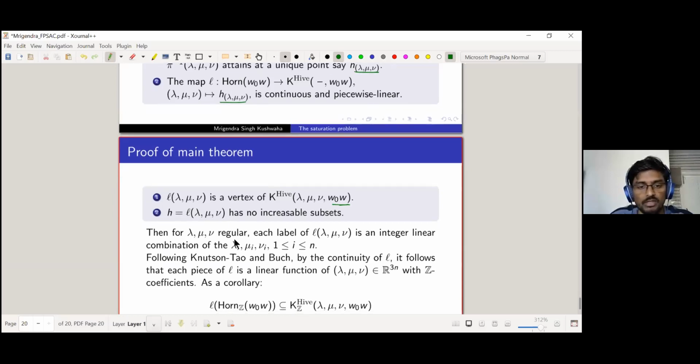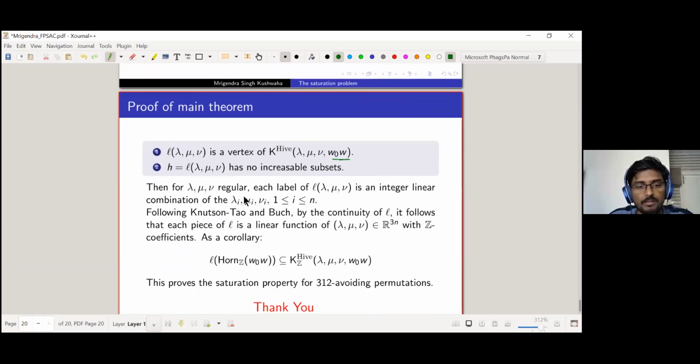So we can recall our Knutson and Tao result, and say that if lambda mu nu is regular, then it is an integral linear combination of boundary labels, and if lambda mu nu is an integral point, then L lambda mu nu will be an integral point. This regularity condition can be relaxed by the continuity of L and piecewise linearity, so it is piecewise linear with integral coefficients. Then the image of the total Horn Z W not W will be the integral hives.